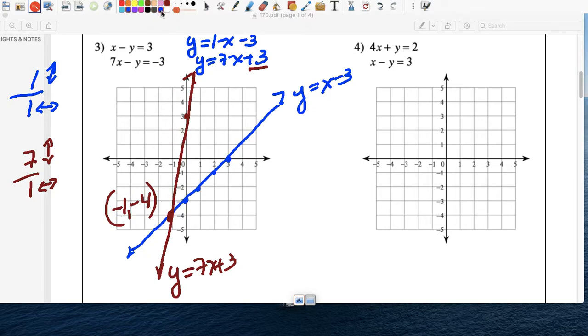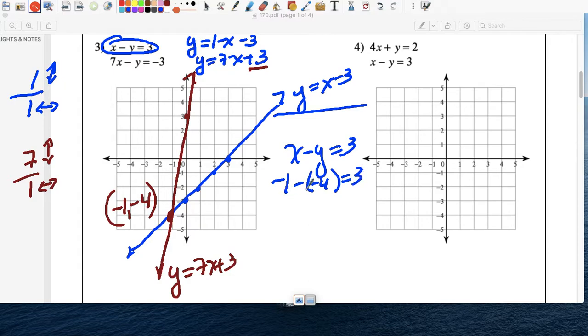So let's do our check. Let me bring equation 1 right here: x minus y equals 3. If I substitute both values, I get -1 minus -4, which becomes -1 plus 4, and we get 3 equals 3. So it works for equation 1. Equation 2, 7x minus y equals -3. I'm going to substitute again.